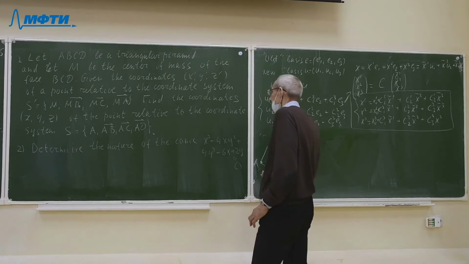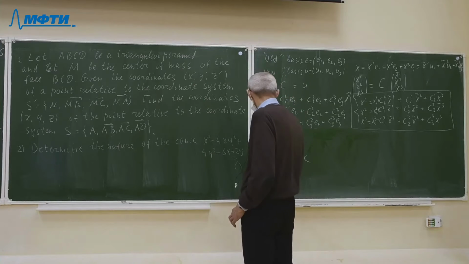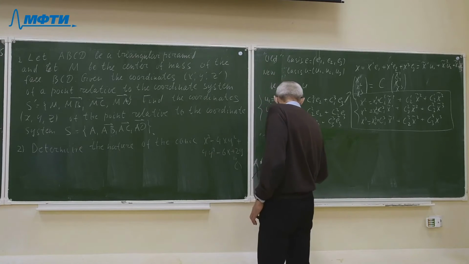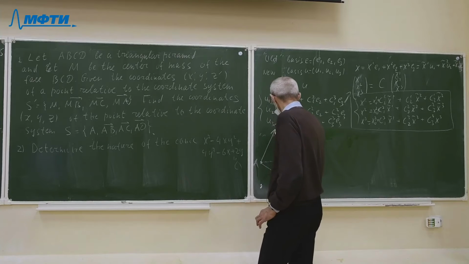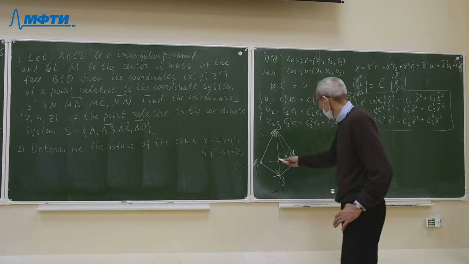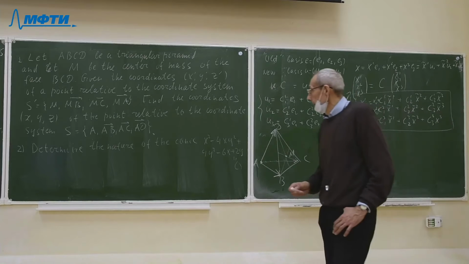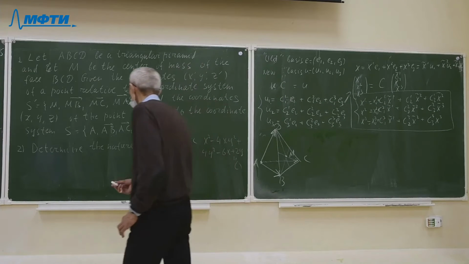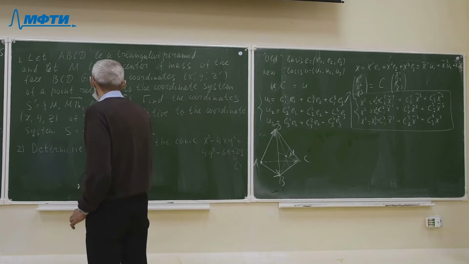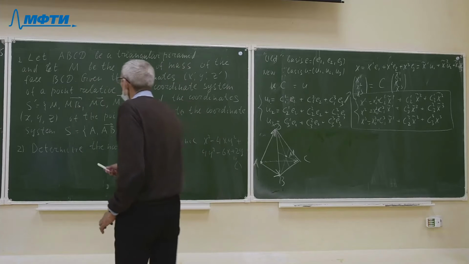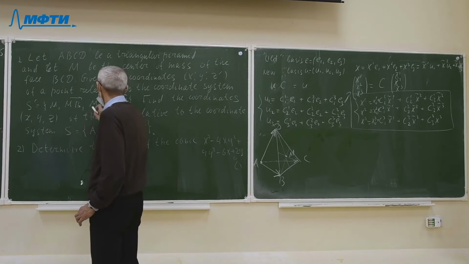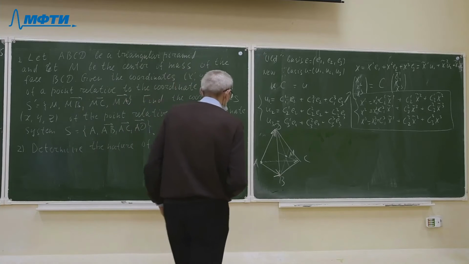So AB, AC, and AD give the old coordinate system. The new coordinate system has the origin M and basis vectors MB, MC, MA.